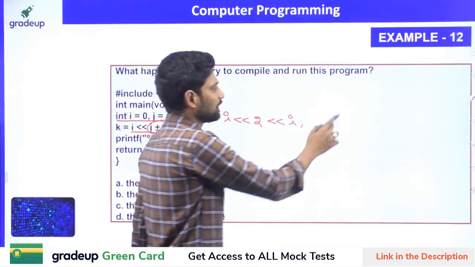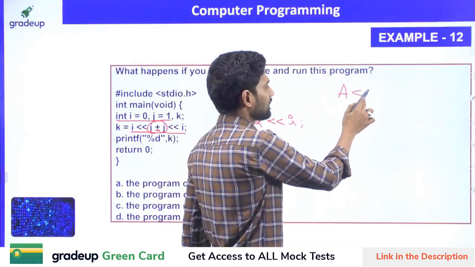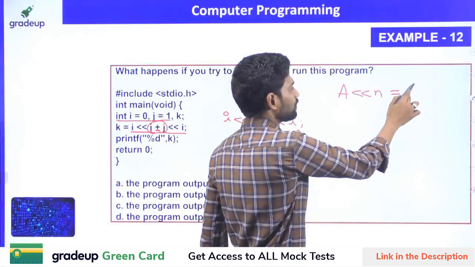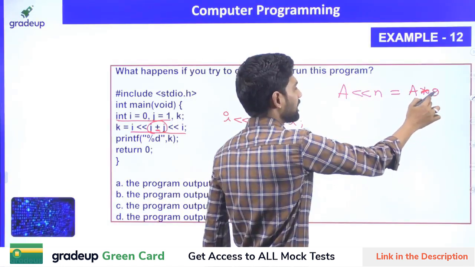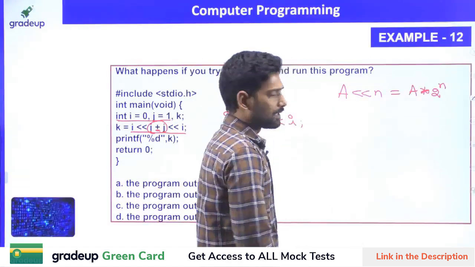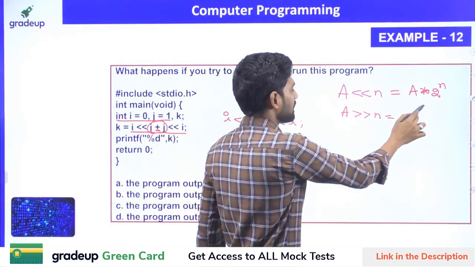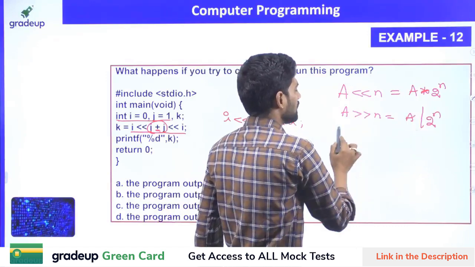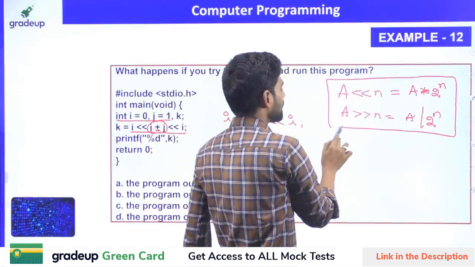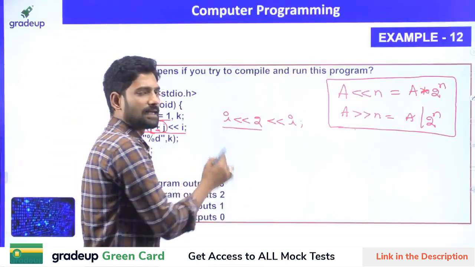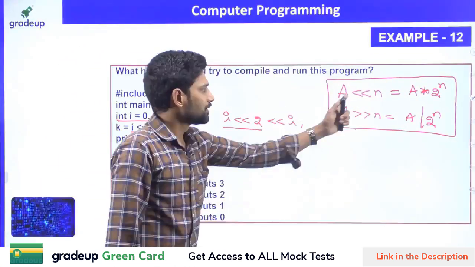Now we know if any value a is shifted left by n times, that is equivalent to a multiplied by 2 power n. Similarly, if it is shifted right by n times, that is equivalent to a divided by 2 power n. So this is like i less than 2. i shifted 2 times.